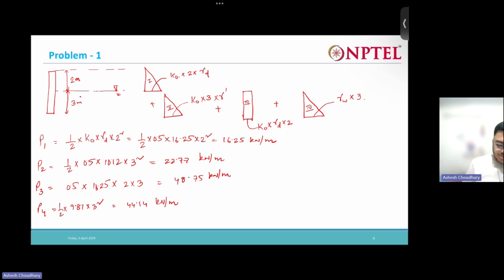Right? So the total P is how much? Please calculate. Please add all this. See how much is the total P, the total earth pressure.